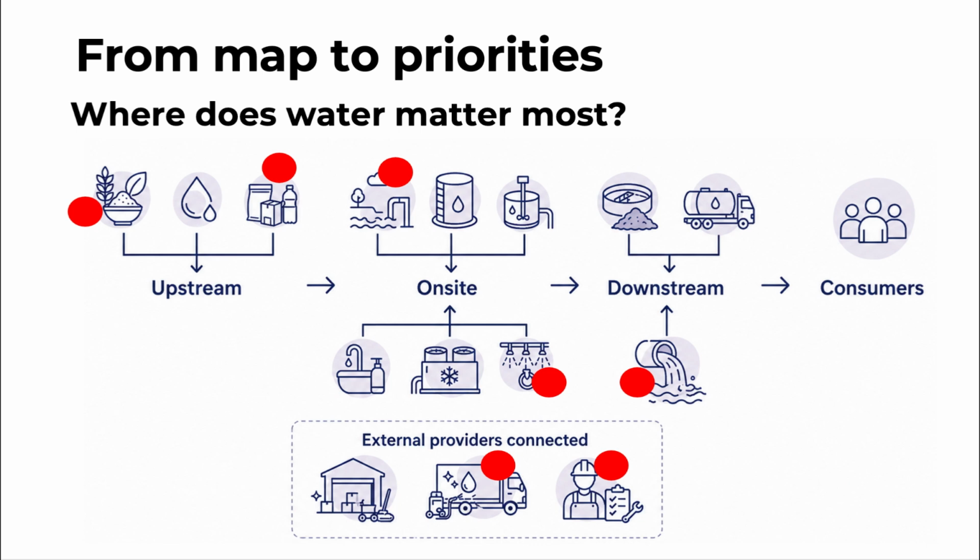Now, downstream. Yes, especially wastewater, I think. Likely significant aspects include wastewater discharge, probably one of the most significant aspects, especially if local receiving waters are sensitive or discharge limits are tight.